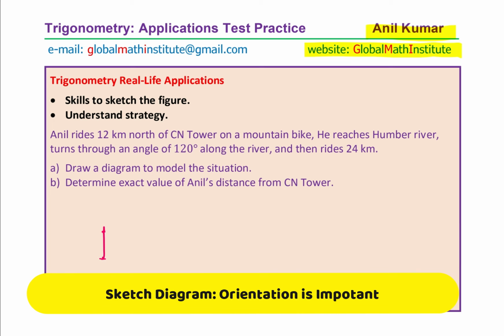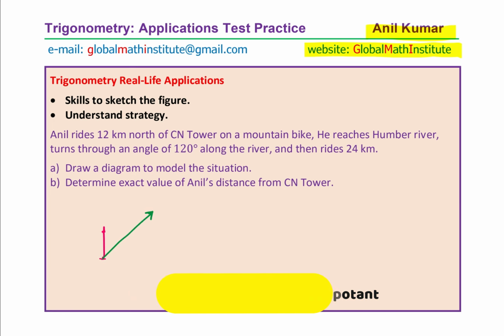When we are looking into 3D, I prefer to draw north at an angle of 30 degrees. So let's say this is my north. That is 12 kilometers north. It gives you a 3D effect, correct?